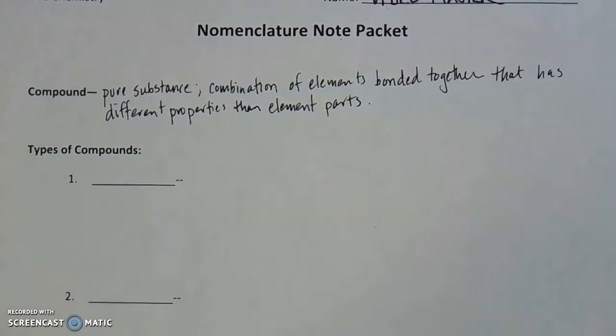So, if we look at something as simple as sodium chloride, table salt. Everyone is familiar with table salt. Table salt is sodium, Na, and chlorine, Cl. Well, we put table salt, sodium chloride, in our mouth. It really doesn't do a lot. It tastes like salt.